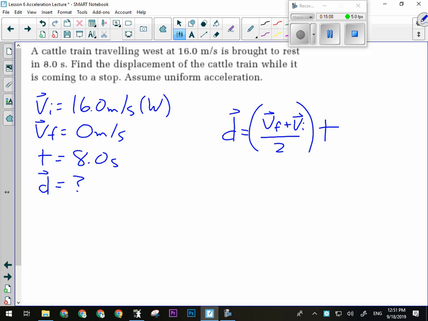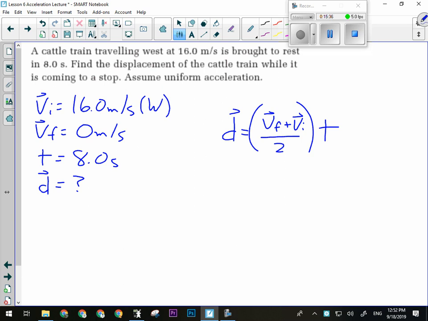We have to read the question and decide this was the initial, this was the final. I can't bring something to rest if it wasn't already moving. That's how I know rest is the final velocity. Does that make more sense? I thought it started at 0. No, brought to rest, VF is 0. Starts from rest, VI is 0.